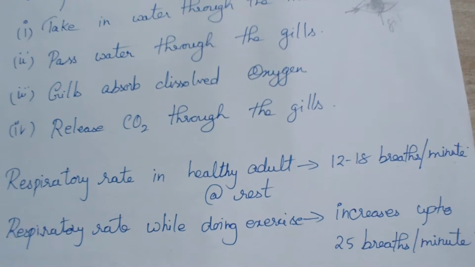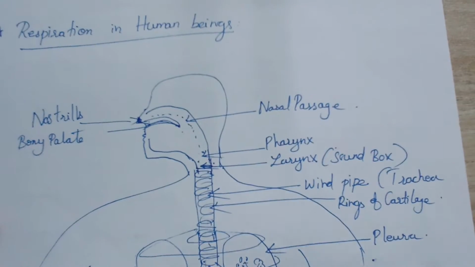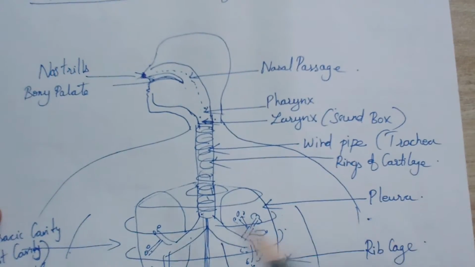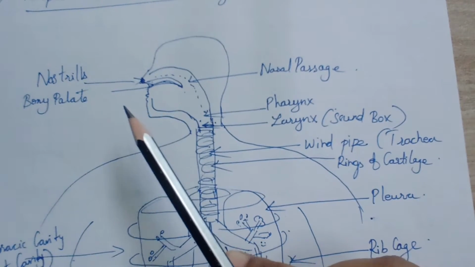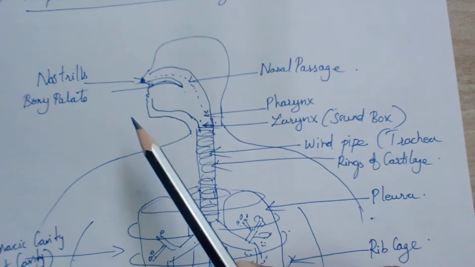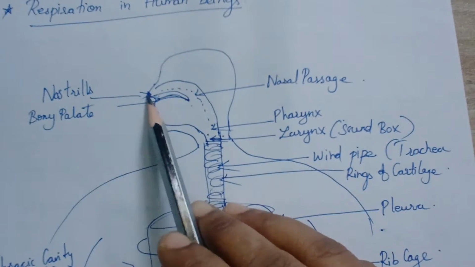Clear on this? Now we will see how respiration takes place in the human being. Please bear with me. This is the respiratory system diagram. You know that we take in air through the nose. Air enters our body through the nose, and you have two nostrils.